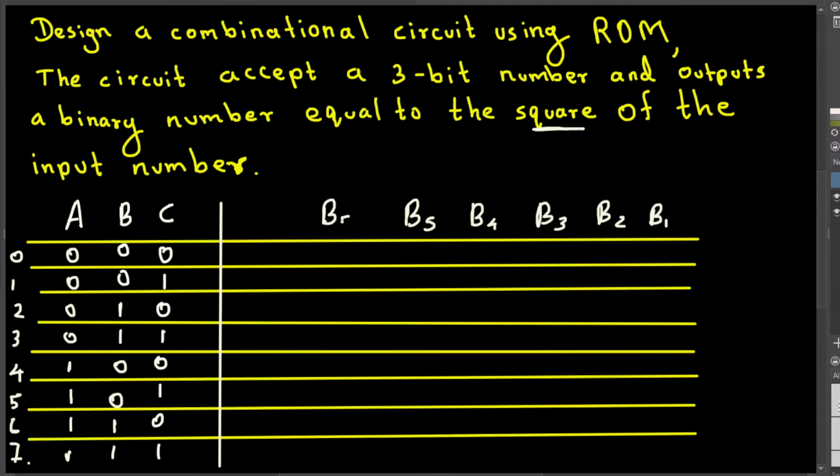That's enough. We need to just have 6 outputs, 6 bits output. Okay, so here for the 0, 0 square is 0, so all of them are just 0.